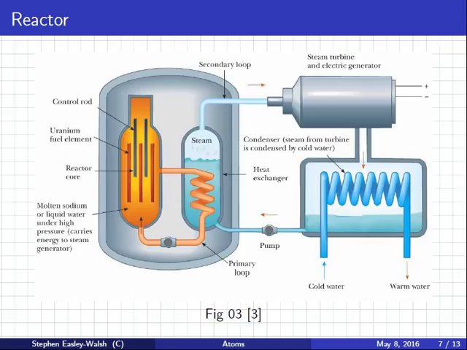So how can you control it? You have something here called a control rod. So if you have too much heat and too much energy, you put the control rod down, and it blocks some of the released energy, neutrons. If you need more energy, then you just lift it up, and then more reactions take place.